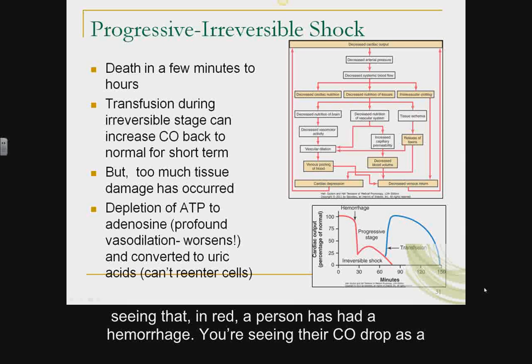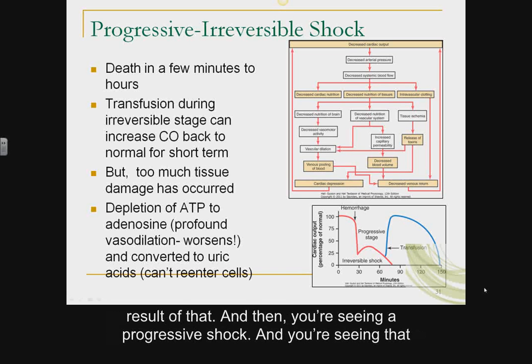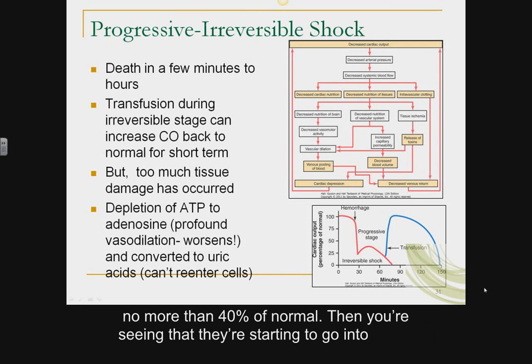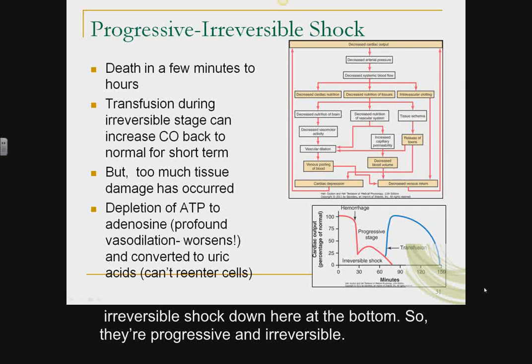So down here in the bottom picture, you're seeing in red, a person has had a hemorrhage. You're seeing their cardiac output drop as a result of that. And then you're seeing a progressive shock. And you're seeing that the patient's baroreceptors are trying to rally, and their cardiac output goes up a little bit. But it's still no more than 40% of normal. Then you're seeing that they're starting to go into irreversible shock down here at the bottom.